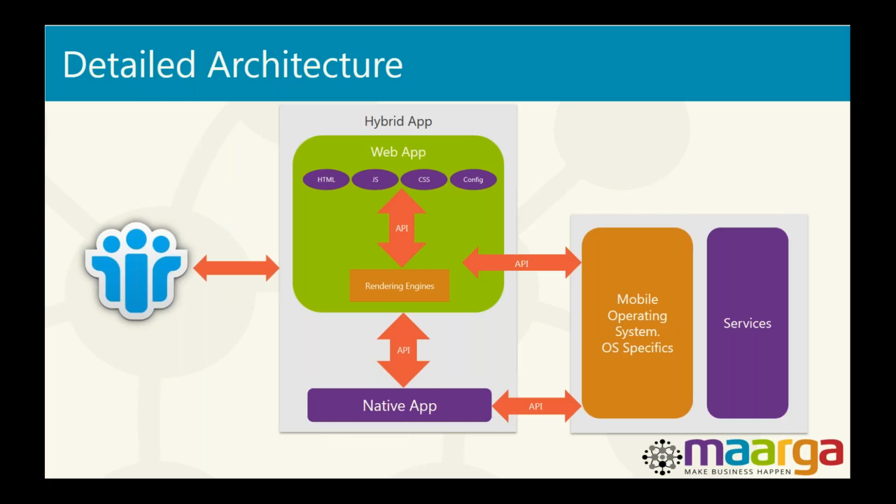Then the APIs will contact, and the hybrid app is ready on this side. The hybrid app will contact the mobile operating system that is OS specific. When a hybrid app is ready, you can install it on either the iOS platform, the Android platform, or the Windows platform, because there are OS specifications that need to be there.